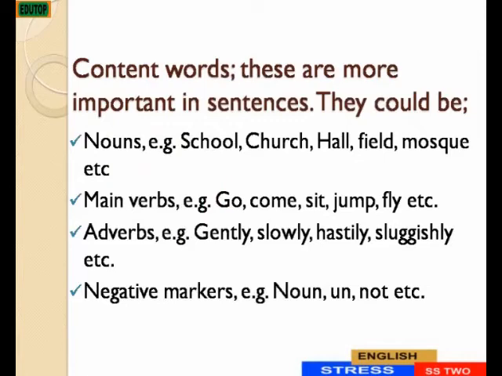Content words, on the other hand, has to do with the words that are more important in sentences.